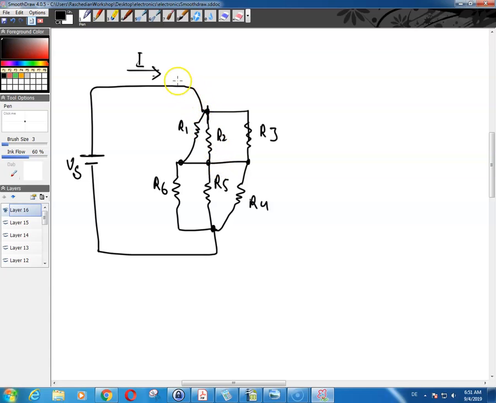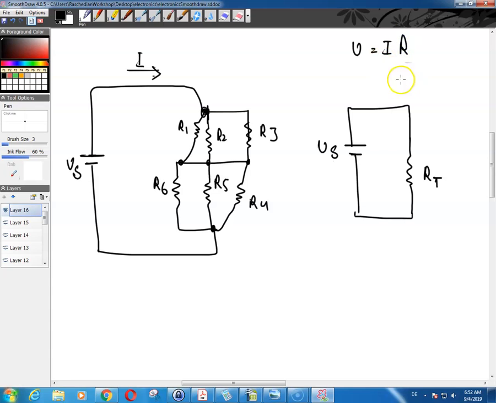The way that you could find out the total current going through your circuit is that you would need to regard all of these resistors as just one resistor, meaning you would have to find the total or equivalent resistance of all of these resistors together, and regard them as just one resistor, for example R of T. Then connect this resistor to your power supply, and this would be your V of S. Then using V is equal to IR, this would be V of S, this would be R of T, and then you could calculate the current going through your circuit.